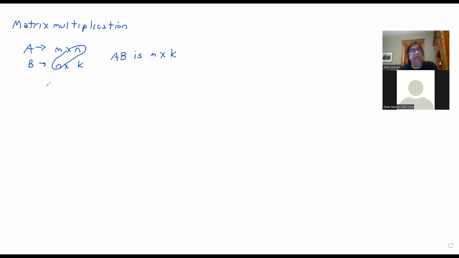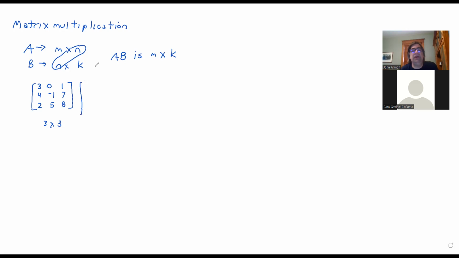So if you start with, for example, let's do a 3 by 3 here. Think about the possible matrices you could write down for matrix B that would be able to be multiplied by this matrix right here.